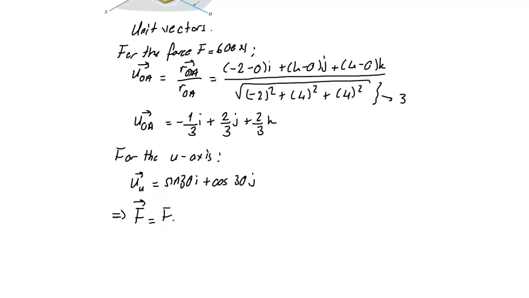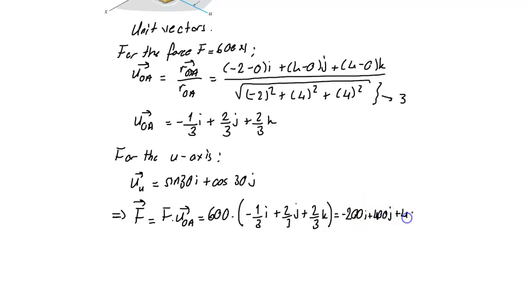The magnitude of the force vector times the unit vector UOA, and that will be 600 times minus 1 over 3 I plus 2 over 3 J and plus 2 over 3 K, and that is equal to minus 200 I plus 400 J and plus 400 K, and that's Newton, yes?